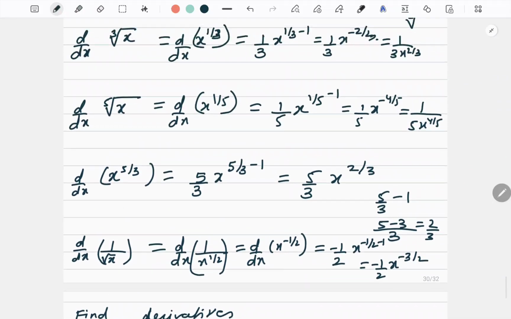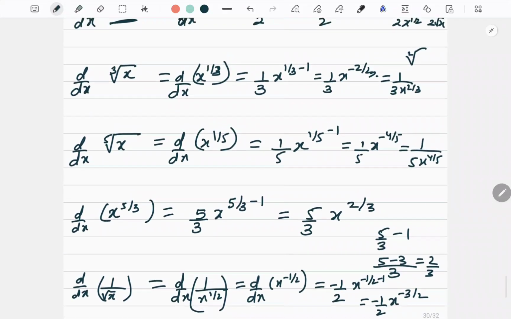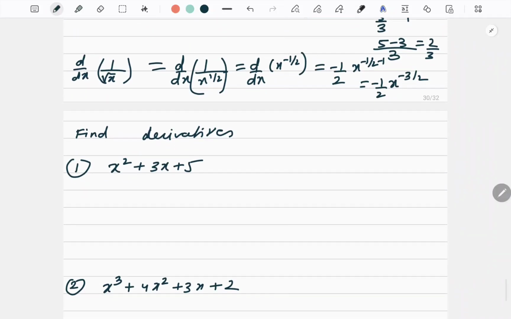Now this was the basic idea I gave you of how to use x to the power n. So now do the question based on that. You have to find the derivative. Suppose y is given as x square plus 3x plus 5. So dy by dx is equal to d by dx of x square plus 3 d by dx of x. Always, a constant multiplier comes out like this. If there is a single constant, the differentiation becomes 0.